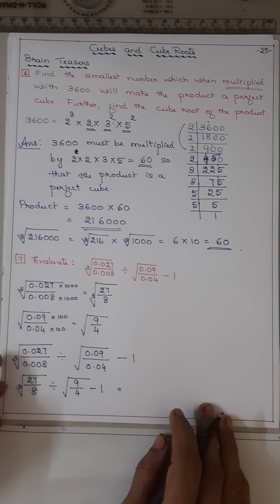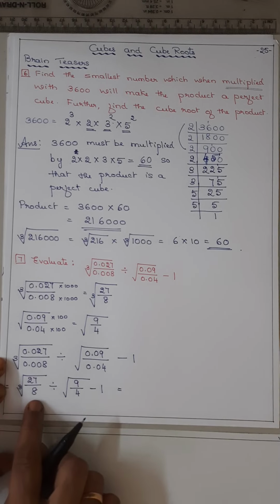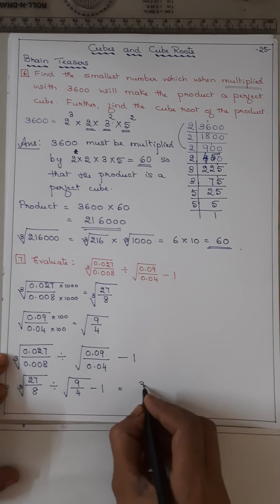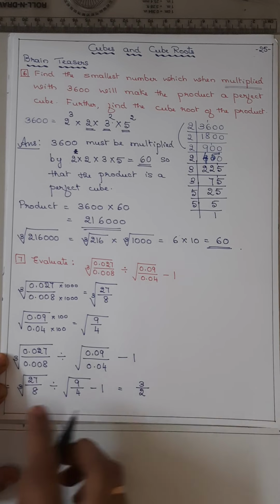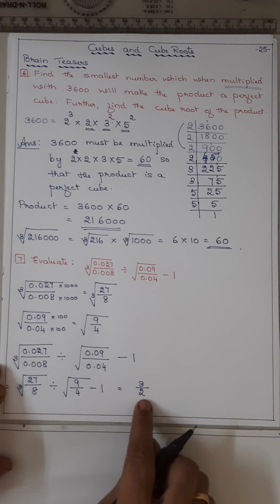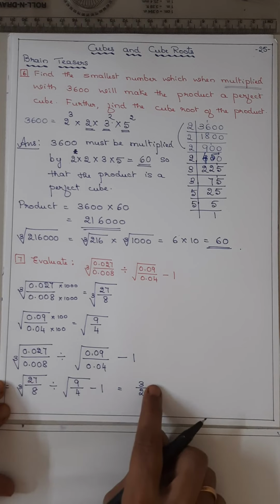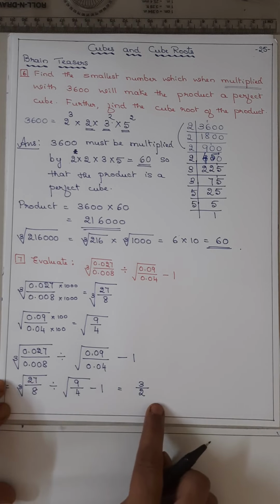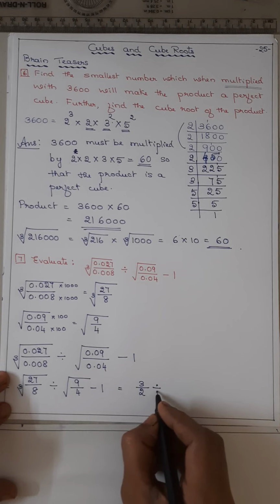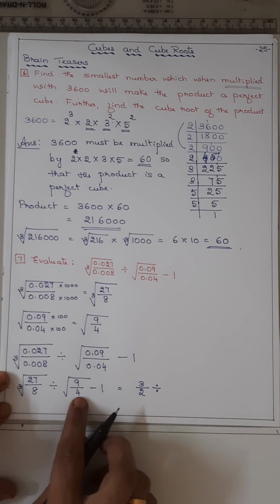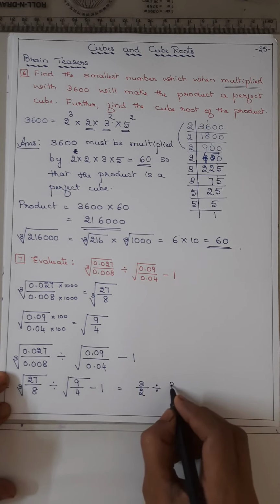Okay. Now cube root of 27 by 8. Cube root of 27 is how much? 3 by 8. Cube root of 8 is 2. समझ में आ गए? Cube root of 27 is 3. Cube root of 8 is 2. Divide by sign. Now square root of 9 is 3.